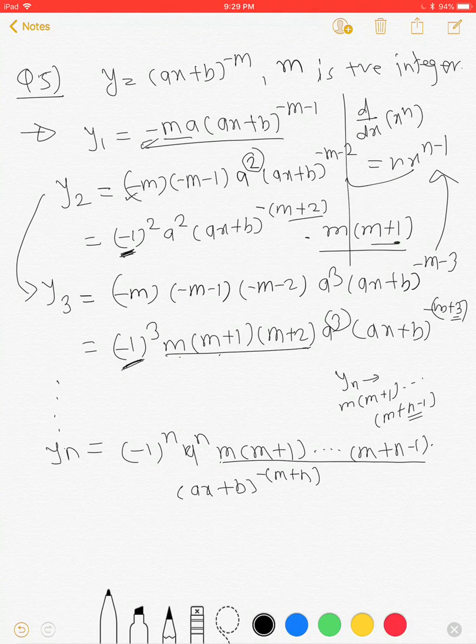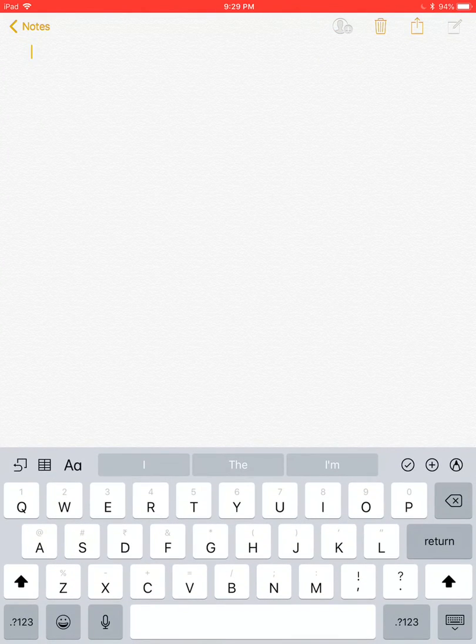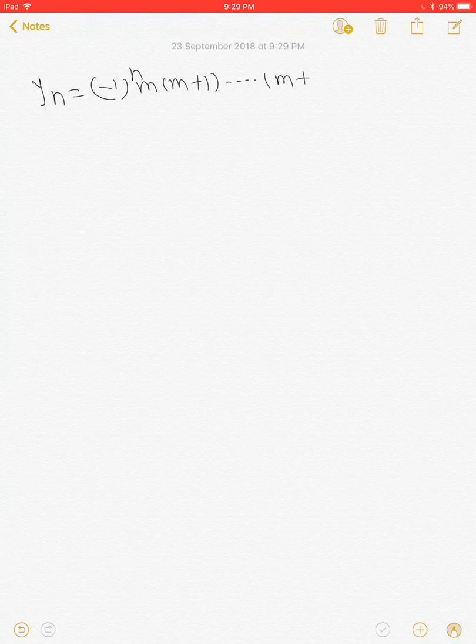If we multiply this term with m minus 1 factorial in numerator and denominator, that is, as our yn is minus 1 raised to the n, m into m plus 1 and so on, into m plus n minus 1, into a raised to the n into (ax plus b) raised to the minus of m plus n.